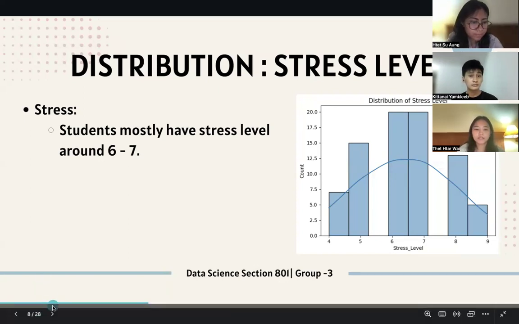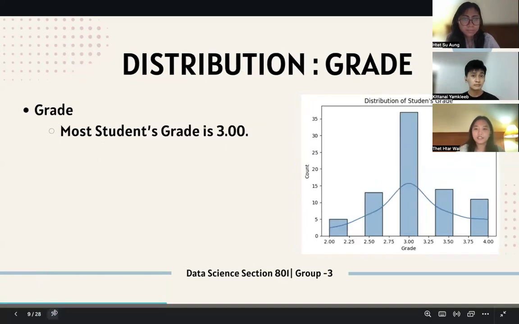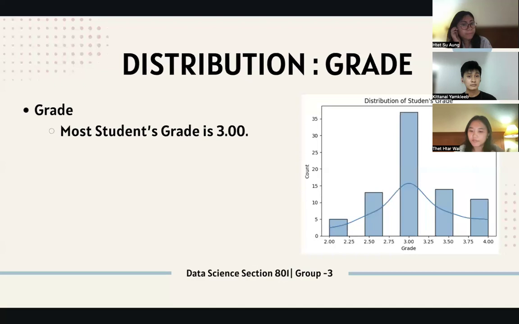The next slide. This graph shows the grade distribution of a group of students. The x-axis shows the grade of the student, and the y-axis shows the number of students at each grade.